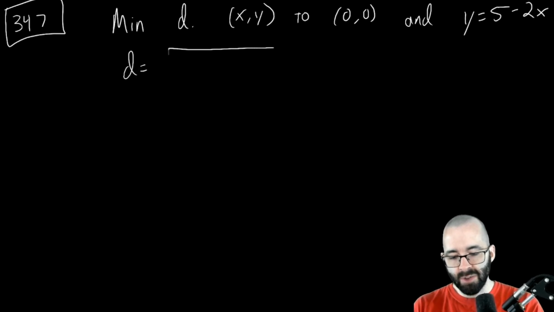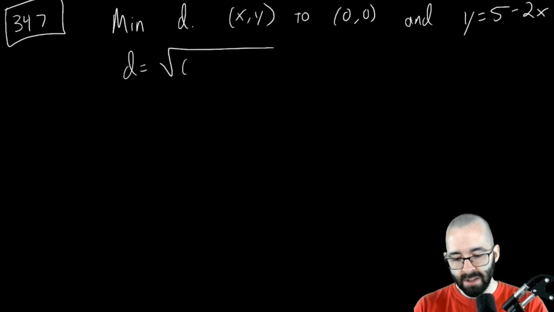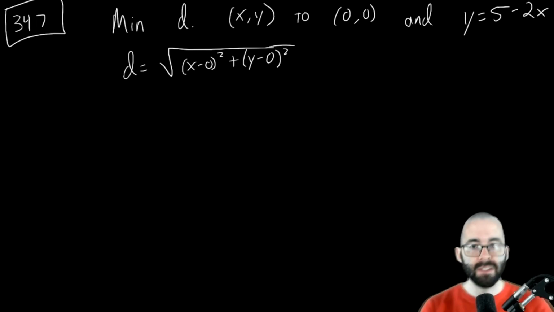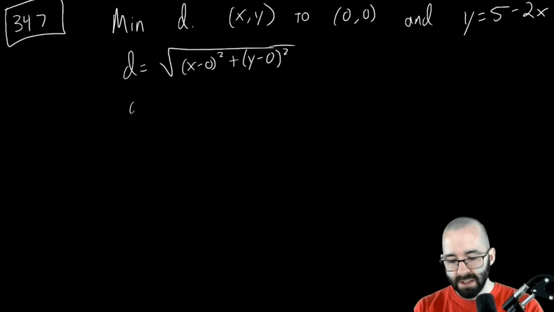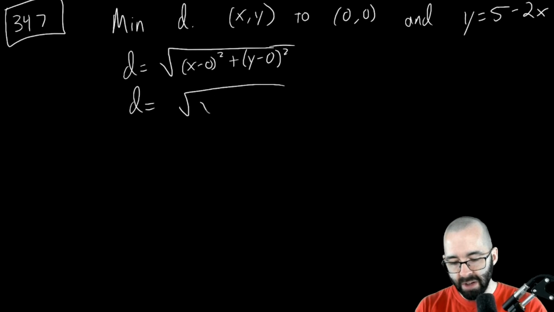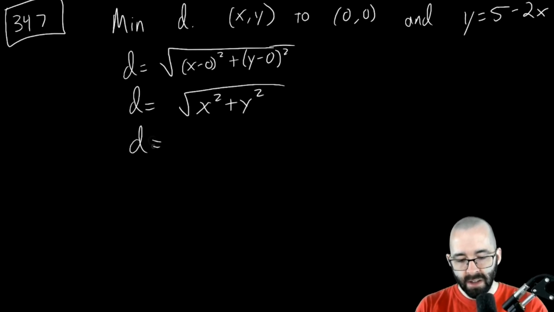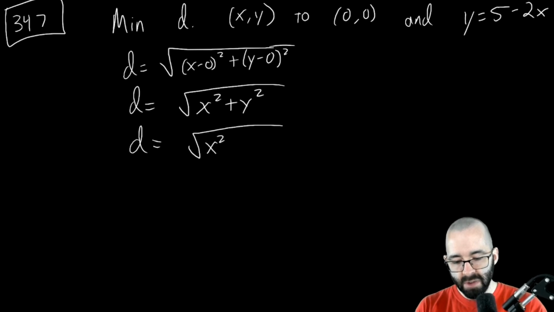The distance is the square root of x minus 0 squared plus y minus 0 squared. Remember your distance formula for any 2 points. We can simplify this to the square root of x squared plus y squared. And we know what y is, so the square root of x squared plus 5 minus 2x, squared.